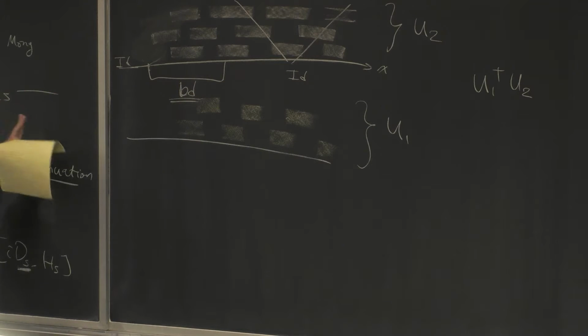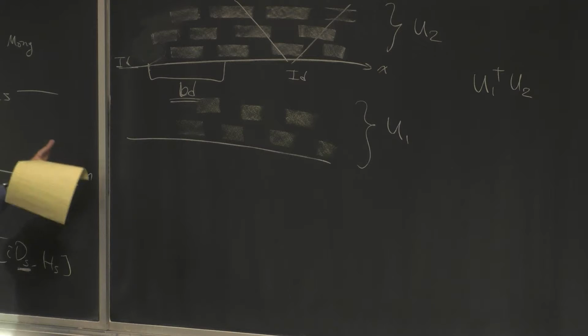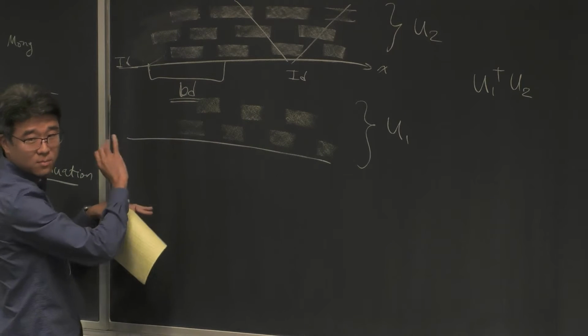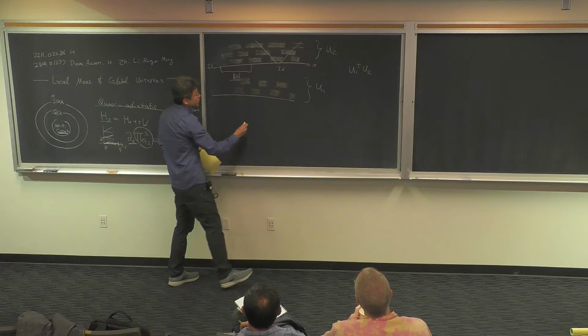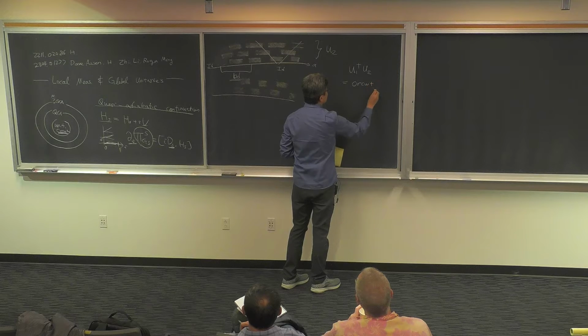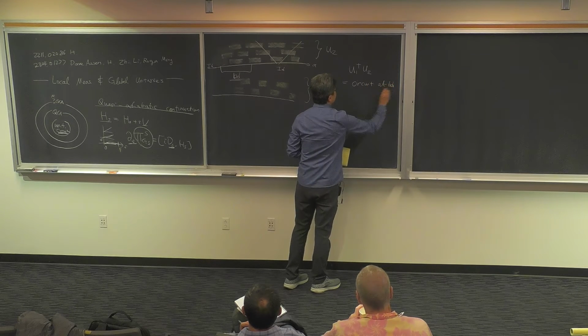On the far left, there's nothing to cancel, but it's empty anyway. What you're left with is something acting on the boundary that consists of these blocks. So this is going to be a circuit at the boundary.